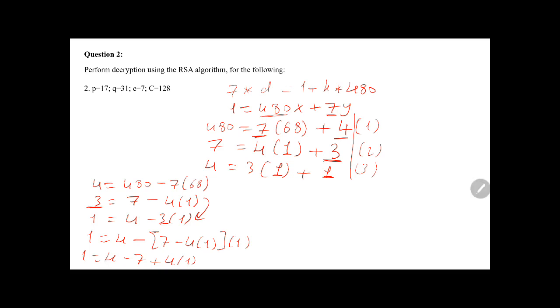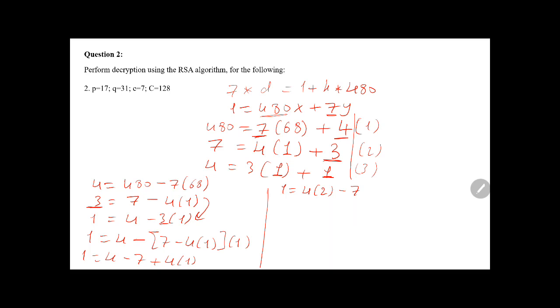So we only have here 4 and 4, 4 multiplied by 1 and 4 multiplied by 1. So it will be 4 multiplied by 2. We add the brackets and we assume here we have a bracket with 1. So basically it will be 1 equal to 4 multiplied by 2 minus 7.